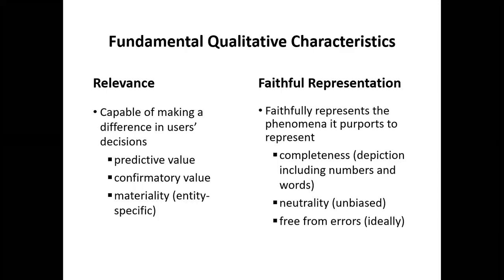Then how is a particular piece of information capable of making a difference? That information should possess three sub-qualities. So the information should have a kind of predictive value, right? In that sense, based on a particular piece of information, the user must be able to make a forecast.